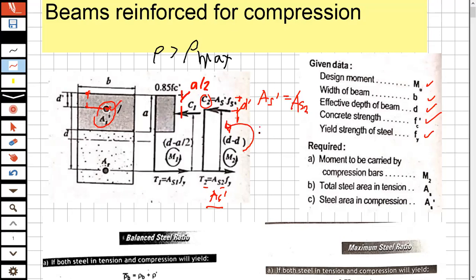Okay? So ito yung M2, dito naman yung M1. Ito yung parang sa reinforced for tension lang. This one is only reinforced for tension. Then you add up this number 2, now reinforced for compression.